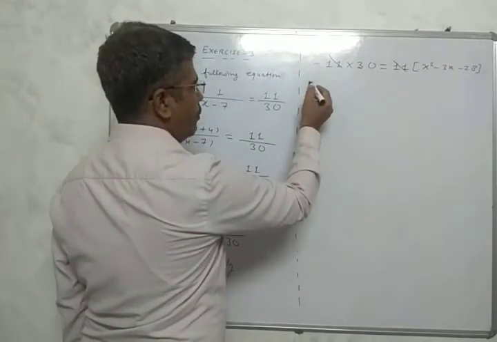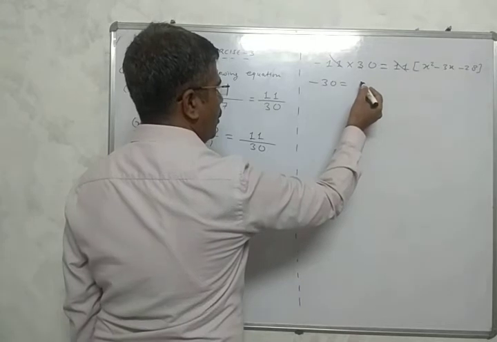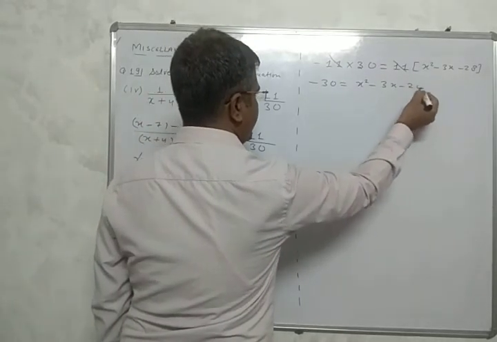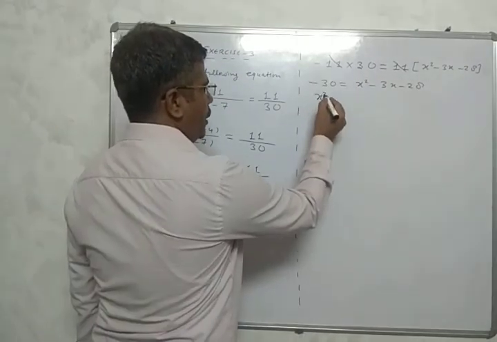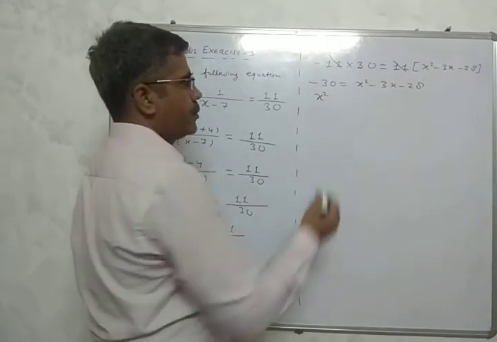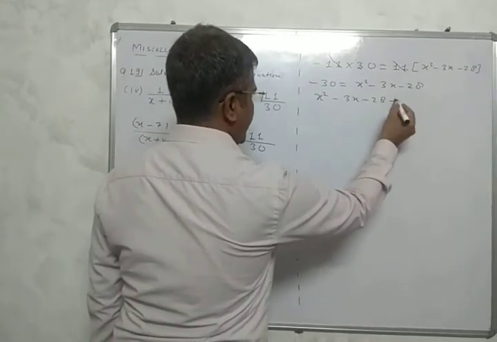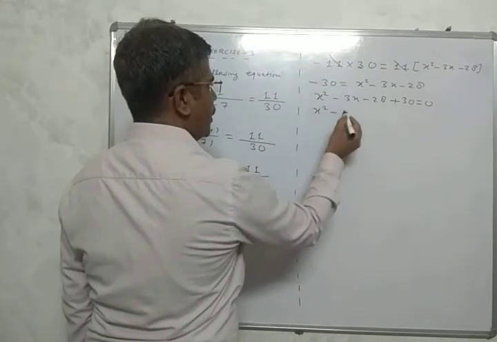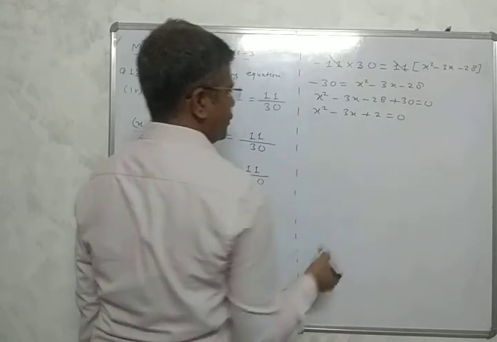We have minus 30 equals to x square minus 3x minus 28. Write the standard form of quadratic equation: x square minus 3x minus 28 plus 30 equals to 0. x square minus 3x plus 2 equals to 0.